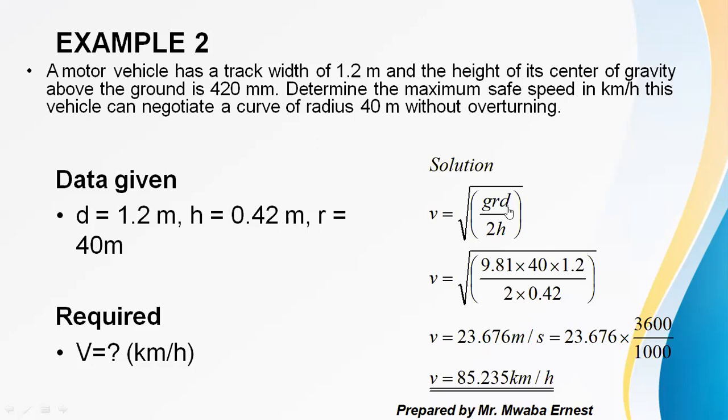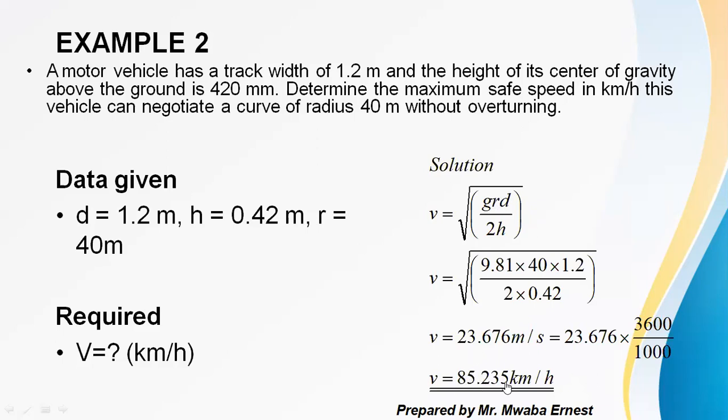Or if you're on the panel making decisions about the size of the road, then you may increase the radius of your curve, and then you're also going to end up increasing the speed at which those vehicles can negotiate that curve.